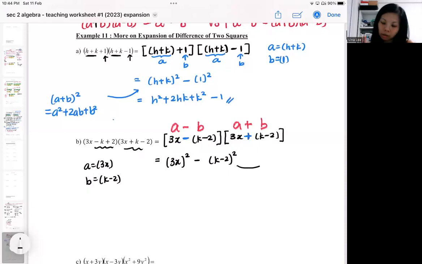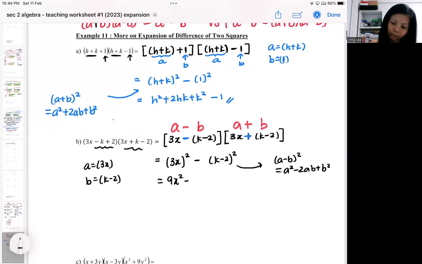Okay, this should remind you of this formula. But please remember to put a bracket. Put out a bracket, then you apply the formula.